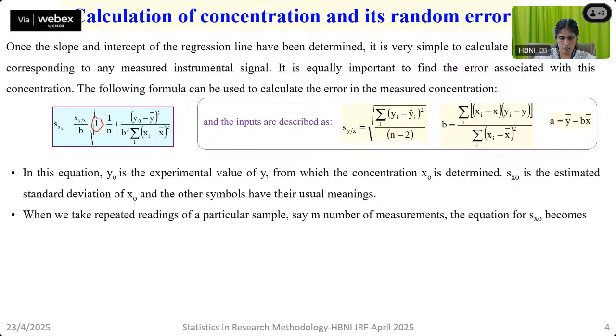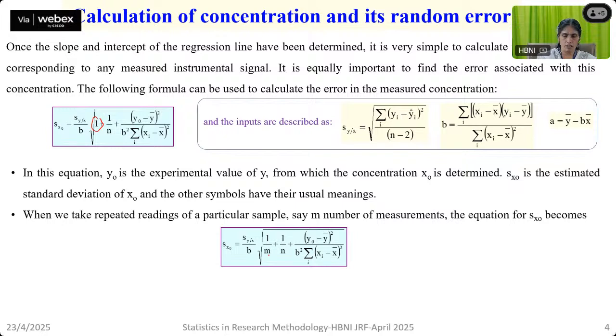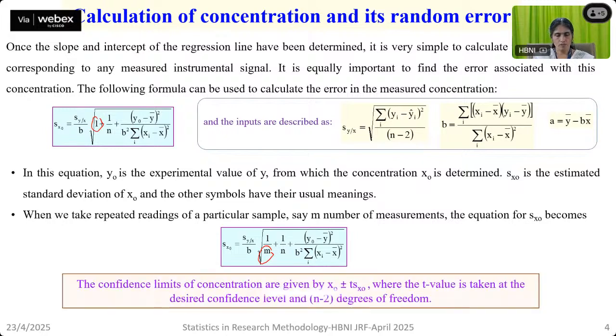If you are doing repeated measurements for a particular analyte and getting Y0 some m times, this Sx0, the standard deviation for the calculated concentration, gets modified or improved by the factor square root of 1 by m, in addition to the other remaining terms. That way, the quality of measurements can be improved either by changing the number of calibration points or by doing repeated measurements on a particular unknown sample.